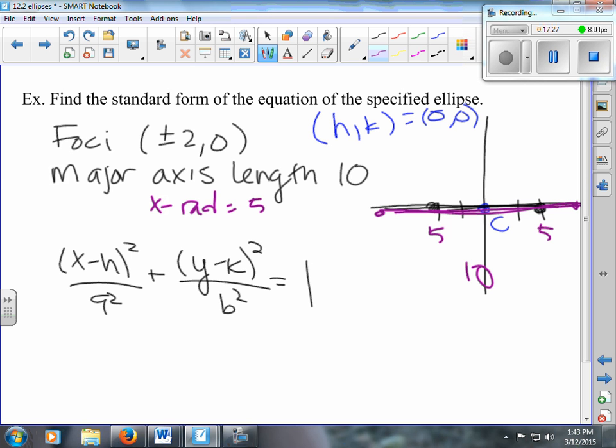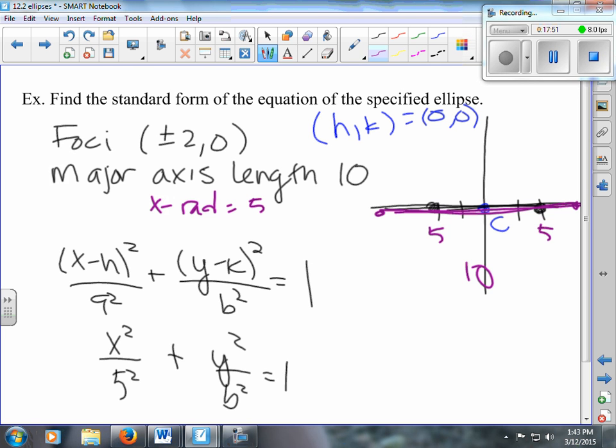Okay, so I already know h and k are 0, 0, so x squared, y squared. And I've been told that the major axis is horizontal, so that means it's an x radius, and that the x radius is 5. So I have to put a 5 squared underneath the x squared. So the only thing left is what in the world is b.